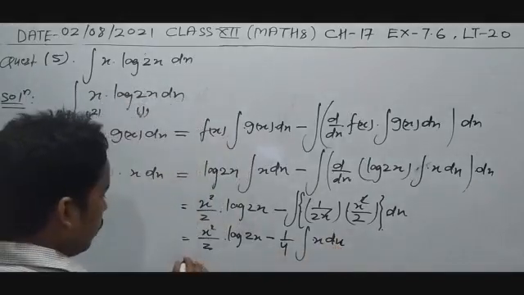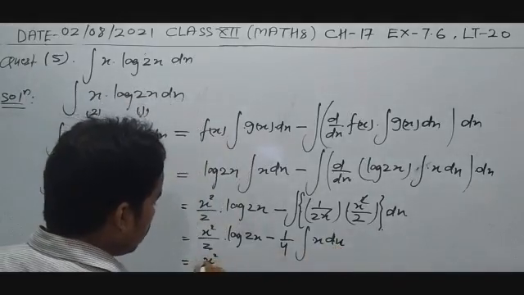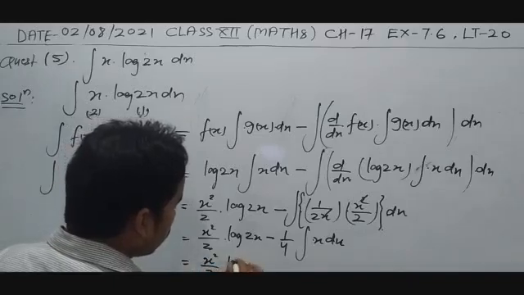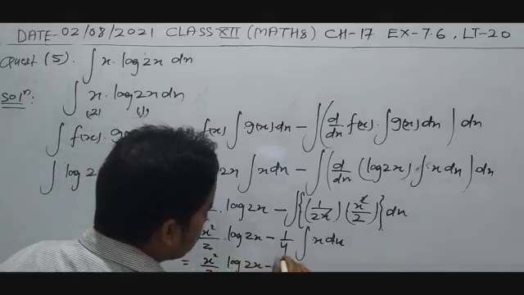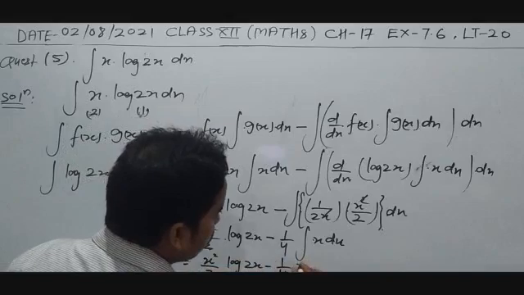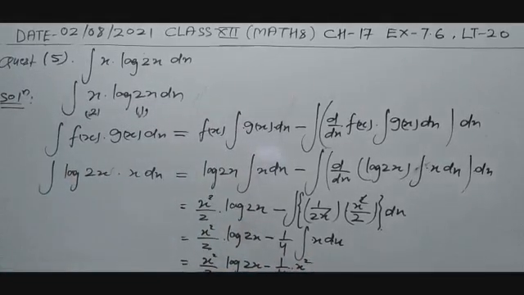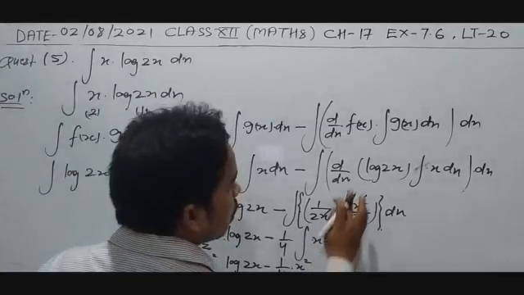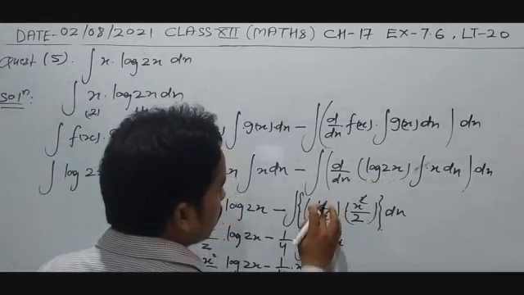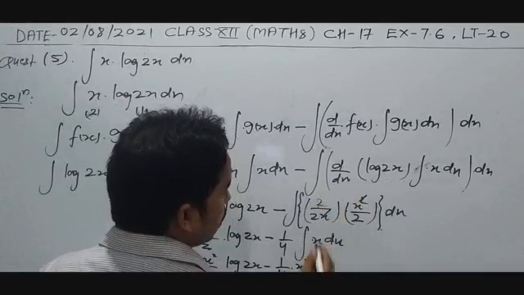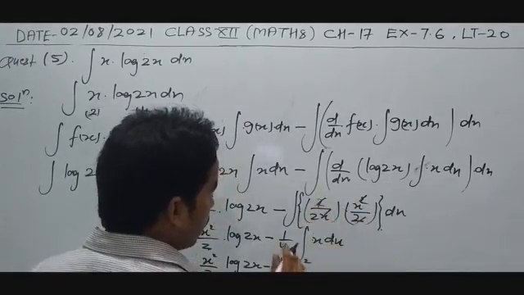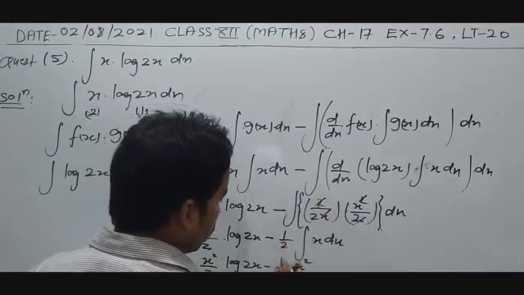Now answer will be x square by 2 log of 2x minus 1 by 4 x square by 4, and log of 2x differentiation is 1 upon 2x into 2 times, and 2 will cancel out. So result will be x by 2. This will be 1 by 2.